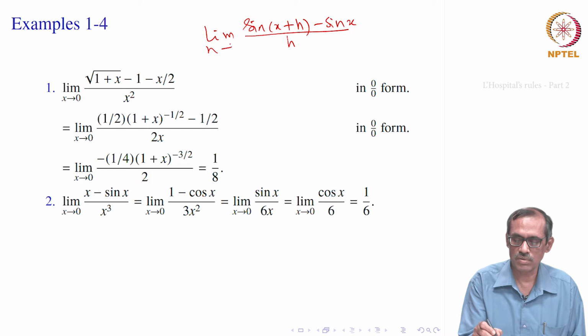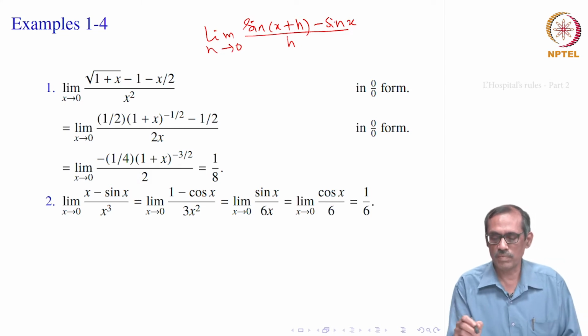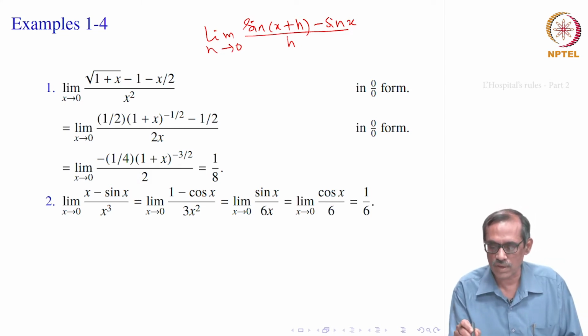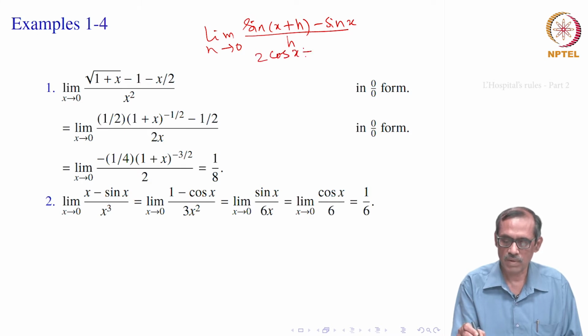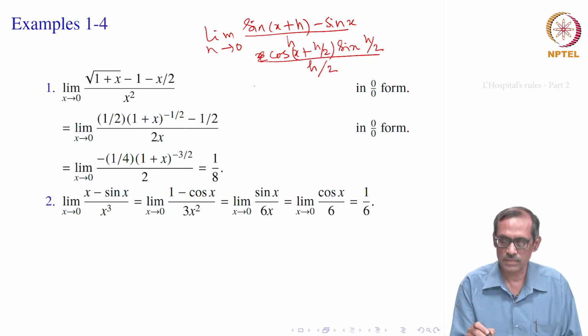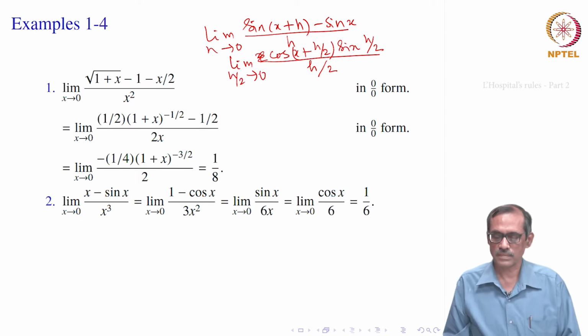Then you use your sin (a plus b) formula or even the half angle formulas. So, that will give you 2 cosine of (x plus h by 2) into sin of h by 2, divided by h. So, these 2 we can bring here as h by 2. This is the same thing as the limit as h by 2 goes to 0.